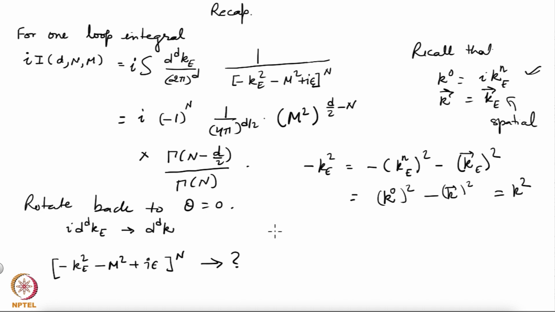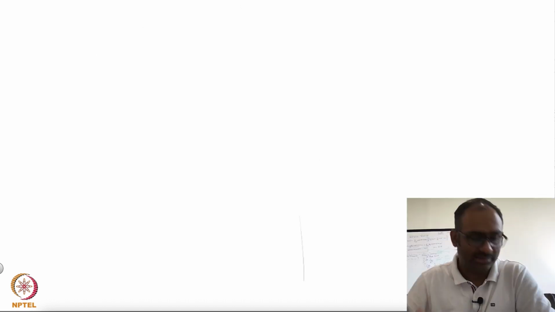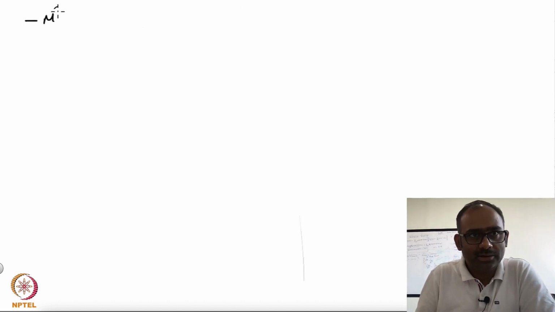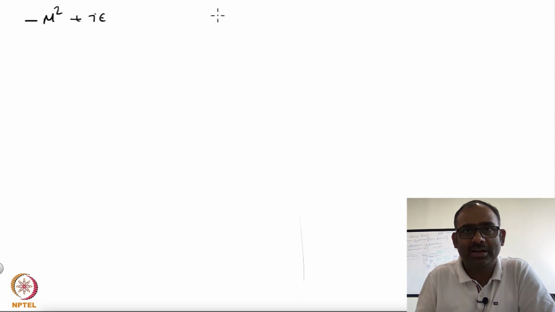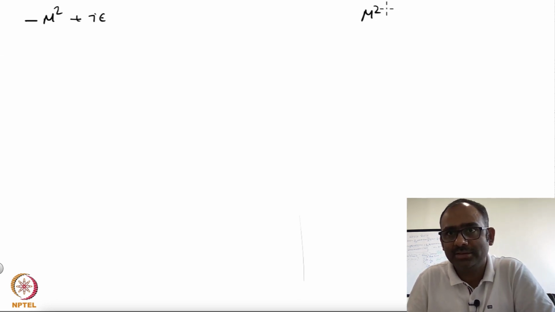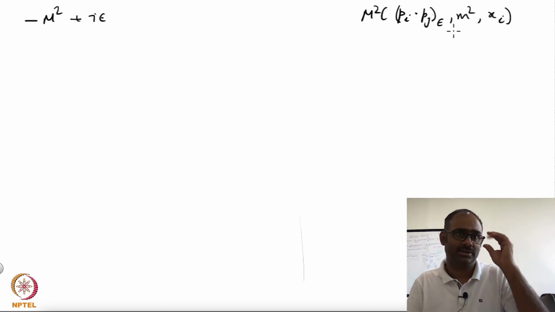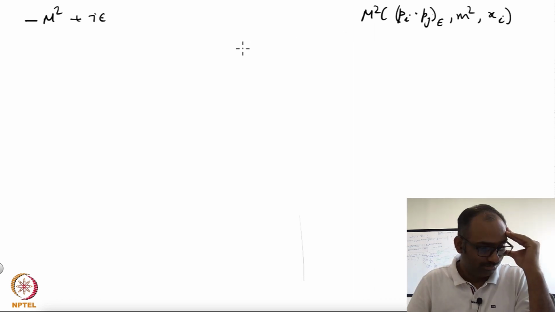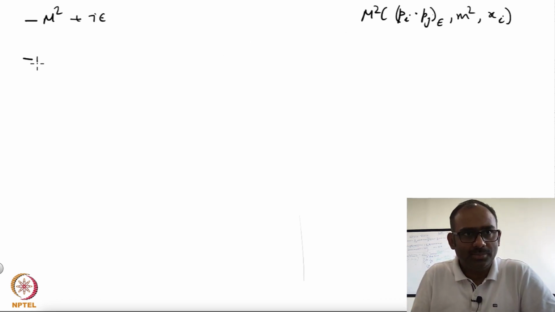And so, as far as this is concerned, I know that minus k_E square should be replaced by k square, okay, when I rotate back. How about minus m square? So, let us look at minus m square plus i epsilon, and remember what is m square. M square is a function of p_i dot p_j, these are Euclidean, and m square also depends on the x_i's, these Feynman parameters. So, let me write down minus m square of p_i dot p_j.